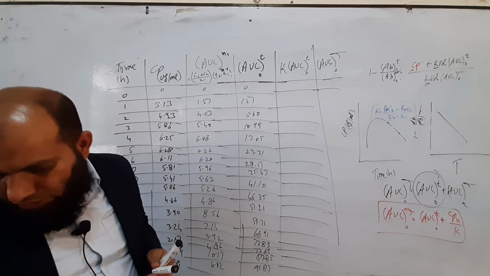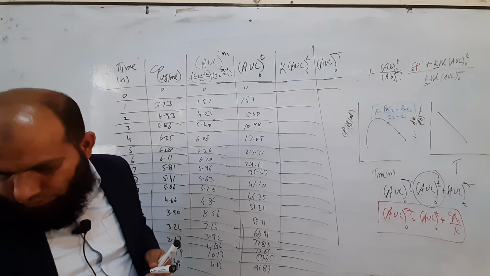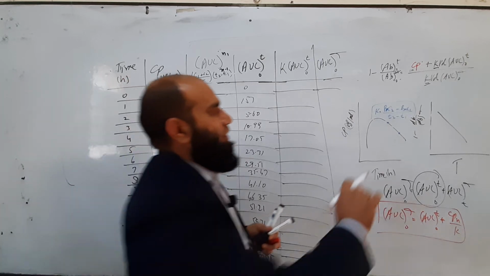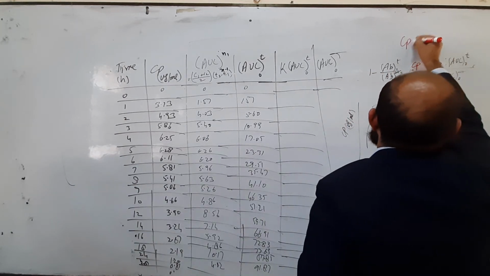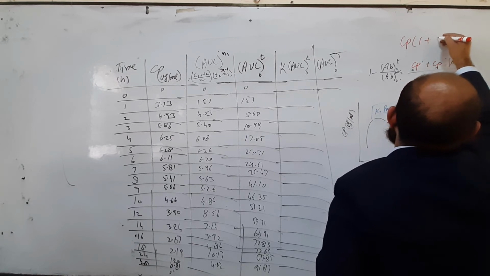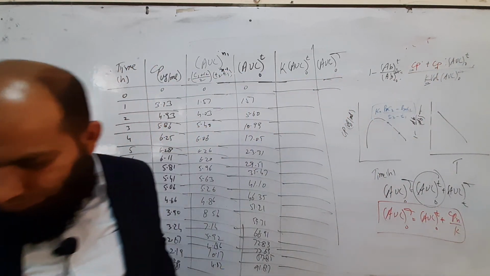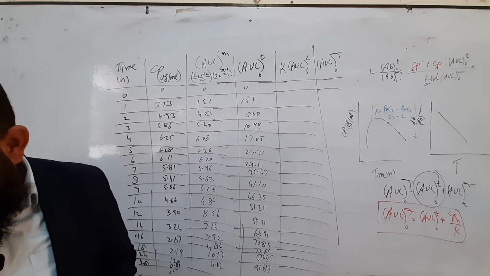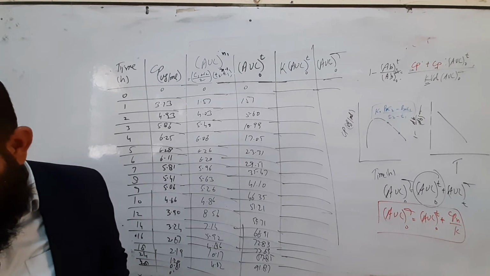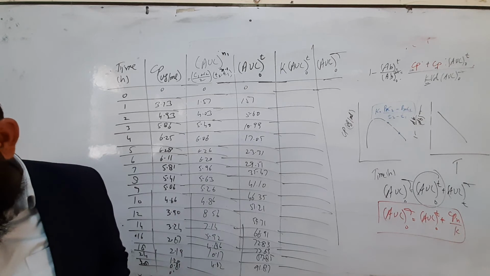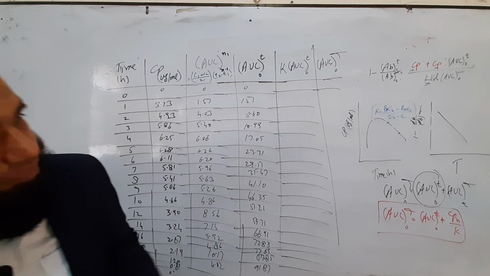We can write the equation as Cp is equal to K into AUC 0 to infinity, because Vd will be cancelled.